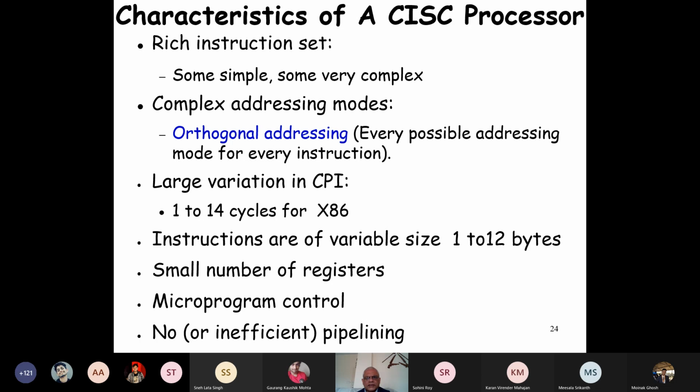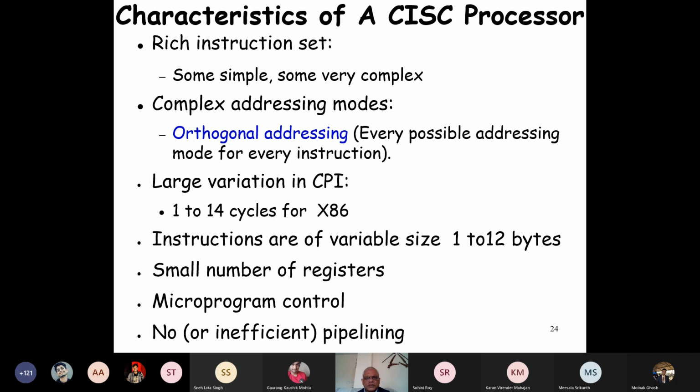The main characteristic of a CISC processor is a large number of instructions, thousands, 2,000-3,000. VAX 780 had nearly 3,000 instructions. Some are very simple instructions, some are very complex instructions.